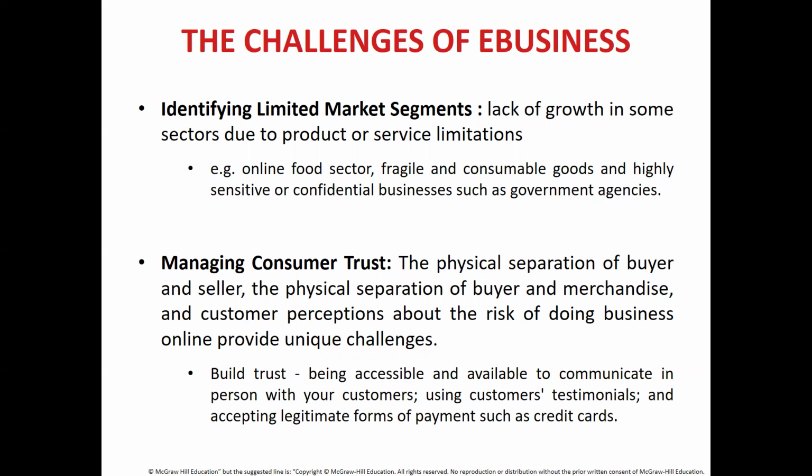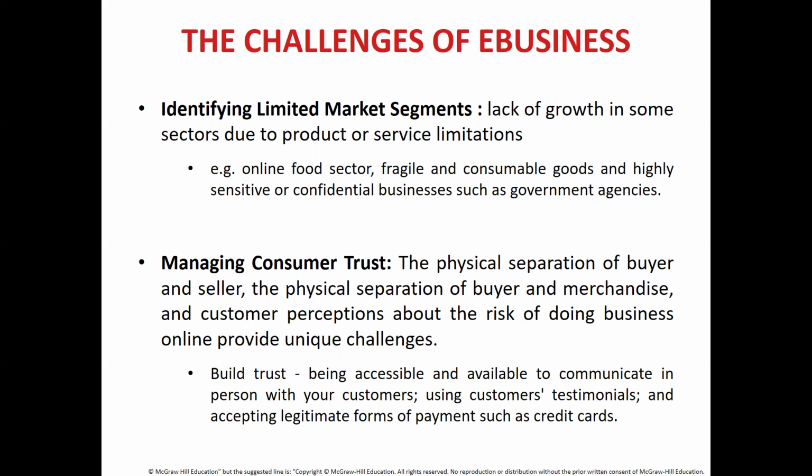If we look at managing consumer trust, the physical separation of buyer and seller, the physical separation of buyer and merchandise, and customer perceptions about the risk of doing business online provide unique challenges. So what happens here is when you try to manage consumer trust, the main issue is the physical separation.